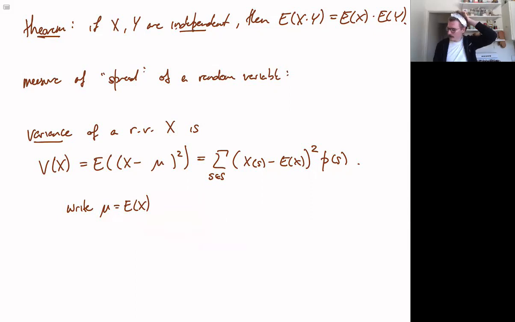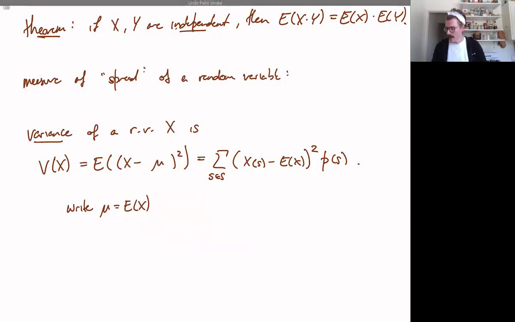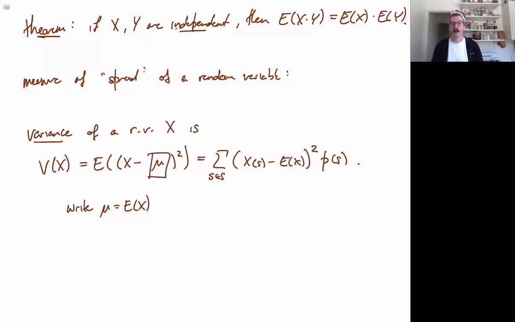So what's going on is basically how spread out is this random variable. We're measuring that by measuring the average distance between an outcome, which is measured by our random variable x, and the average outcome measured by the expected value mu. So this thing is a constant.